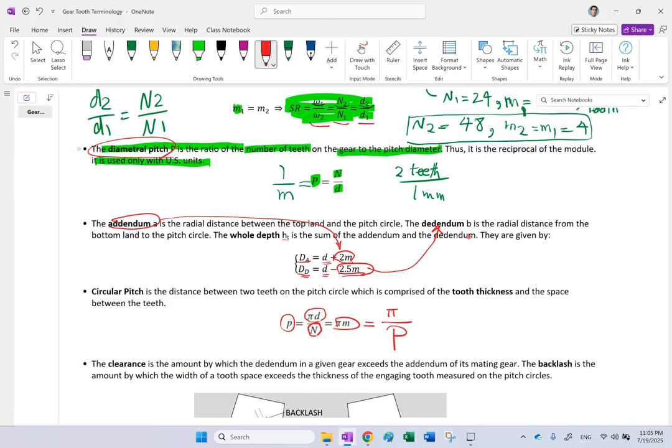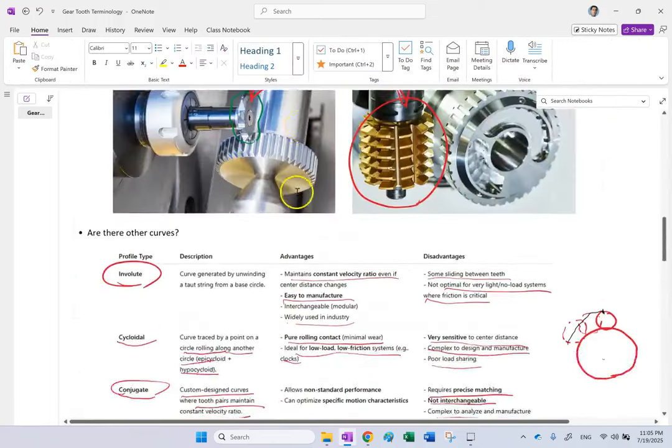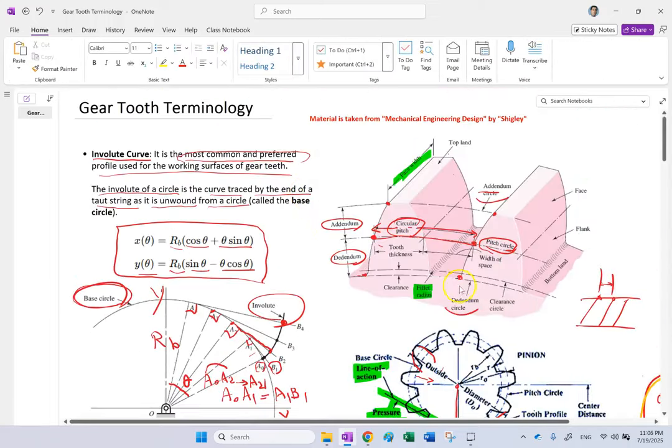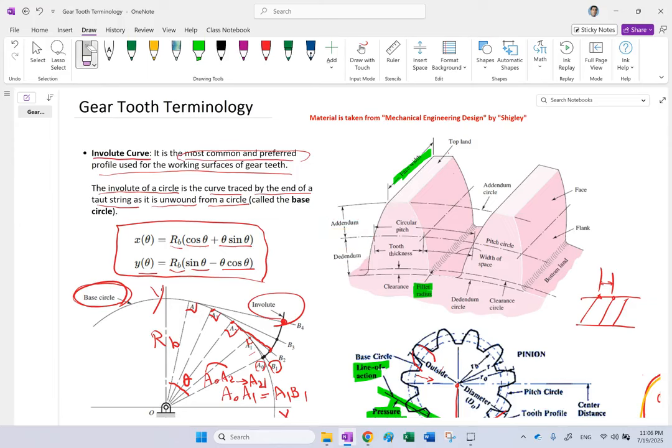Now, it has 2 parts. One part of it is tooth thickness. The other one is the space between the teeth. Let me show you that one as well. So when you look at this arc, you see that this arc can be broken down into two parts.